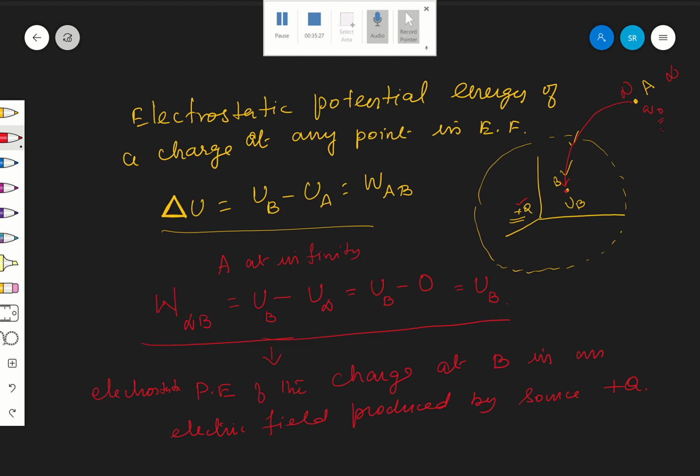Is it clear? This is about electrostatic potential energy and electrostatic potential energy difference of a charge. We have seen both. Is it clear?